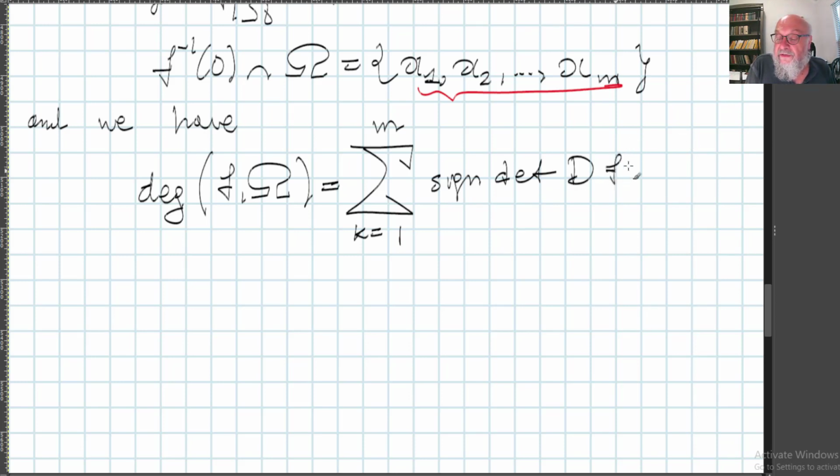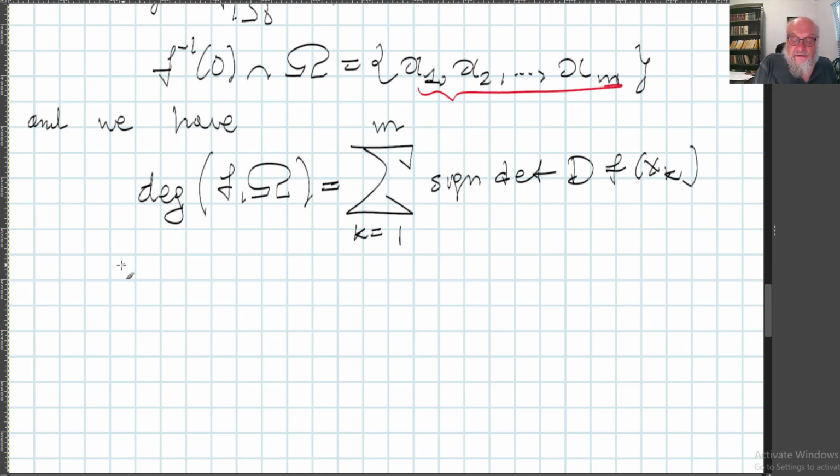So we know that all those points are regular, so this is an invertible matrix. So you take the determinant and you get the sign, so you basically determine to which connected component of the general linear group this particular linear isomorphism belongs. So this is our statement.